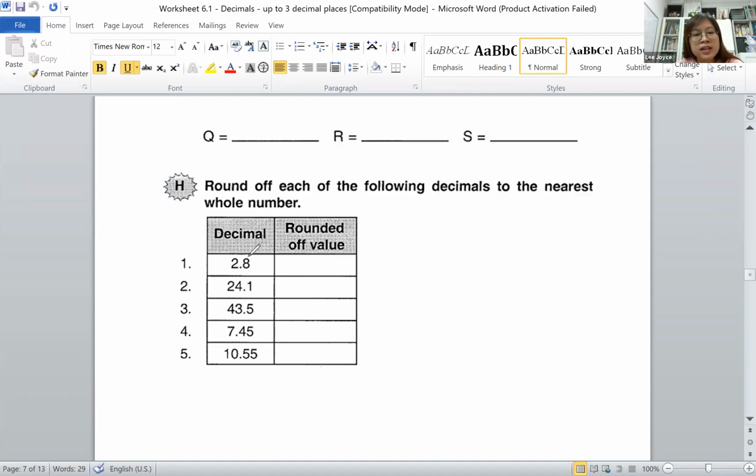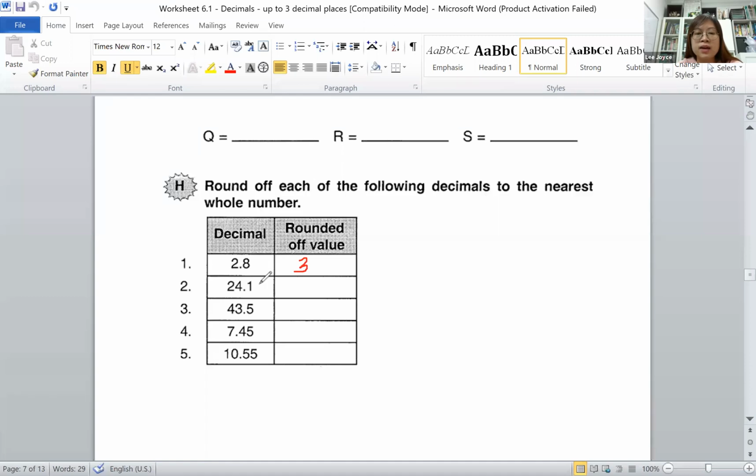Now, the digit 8 is in the tenths place, right? The tenths place. And 8 is more than 5. If it is more than 5, you have to round this decimal up to the closest whole number, which will get you to a 3.